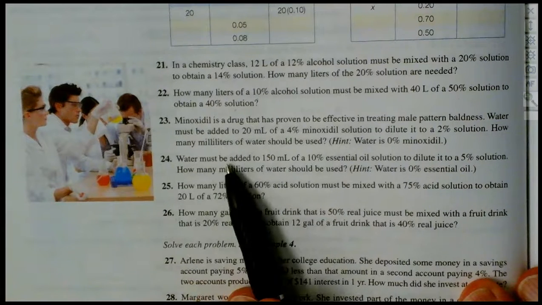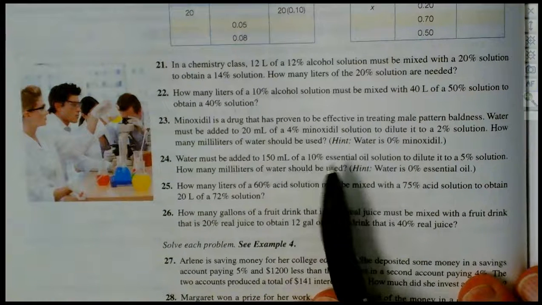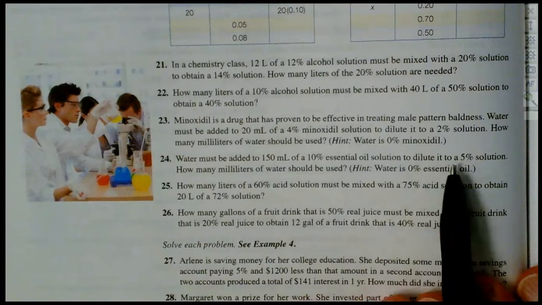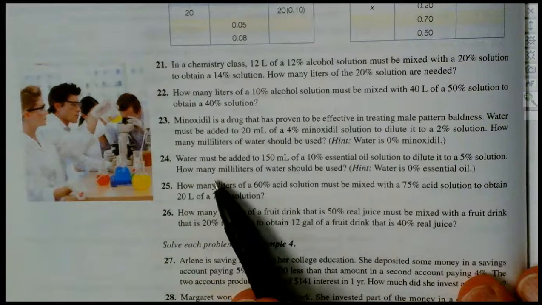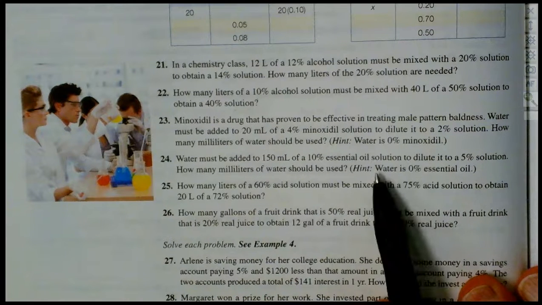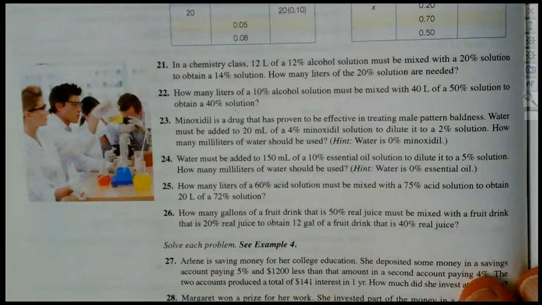Water must be added to 150 milliliters of a 10% essential oil solution to dilute it to 5%. How many milliliters of water should be used? And it gives you a hint here. Water is 0% essential oil, so its rate's going to be 0.